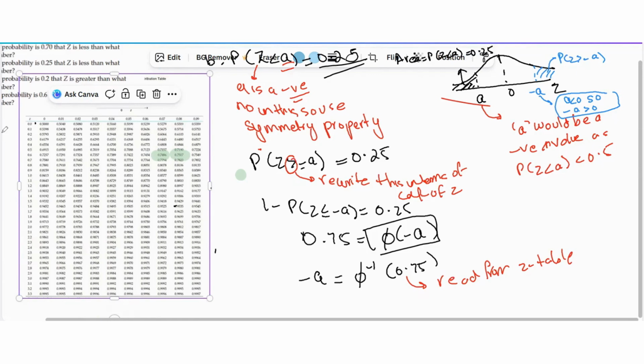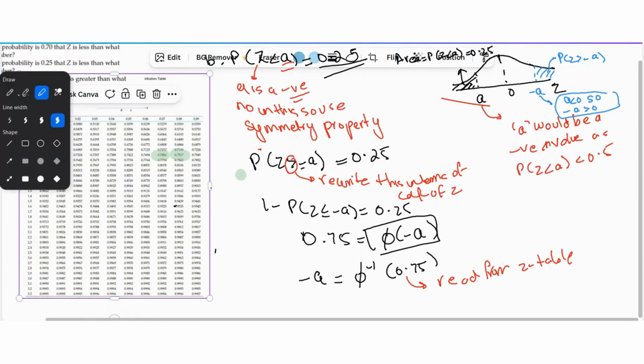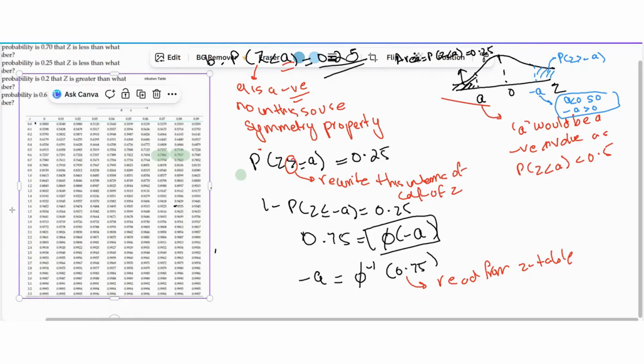Let's highlight these quickly. So the associated Z values are these: 0.67 is associated with 0.7486 and 0.68 is associated with 0.7517.